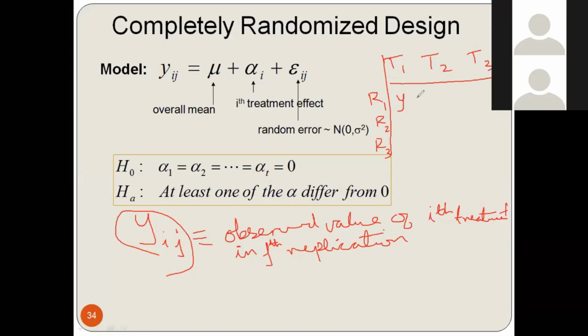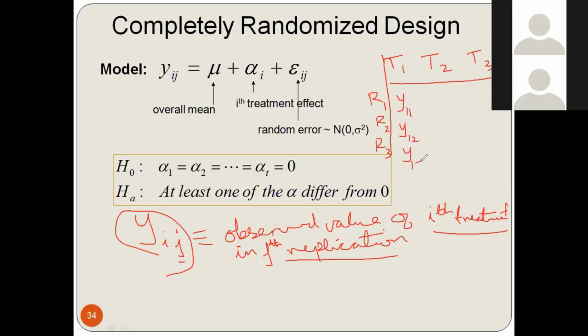So always remember the first digit, which is i, refers to the treatment. The second digit, j, refers to the replication. So how can I write the observed value of T1 R1? Y11. What about this? Y, first treatment, second replicate.